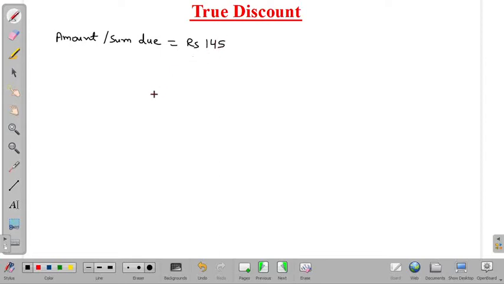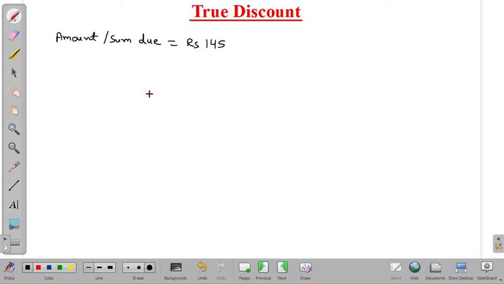But after 2 years, I mean from the starting tenure of the loan, or 3 years before the end of the loan period, that person decides to settle the loan. So how much amount does he need to pay? Whatever is the present worth of the sum due, he needs to pay to settle the loan.